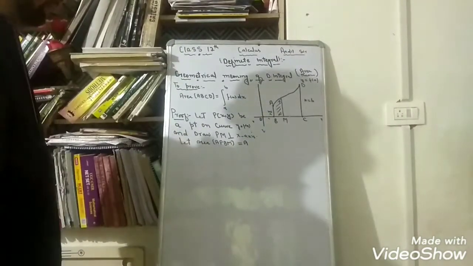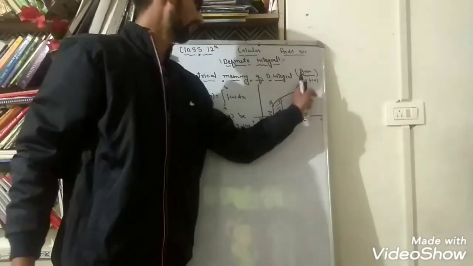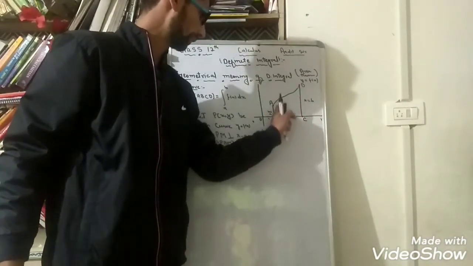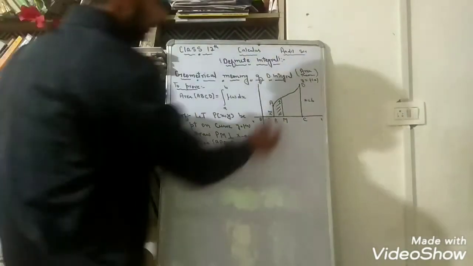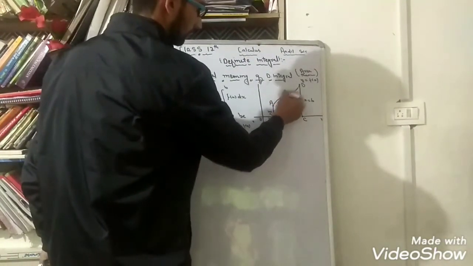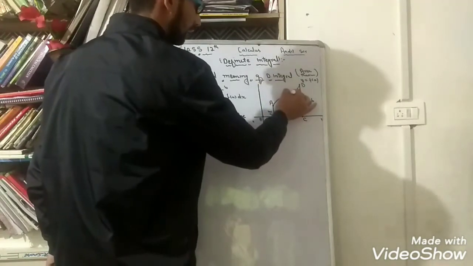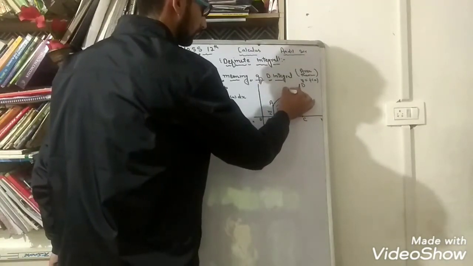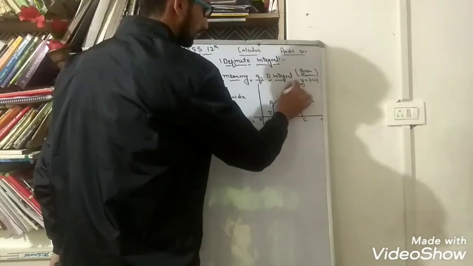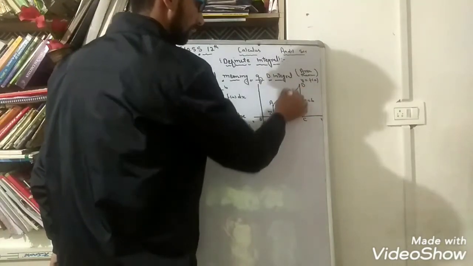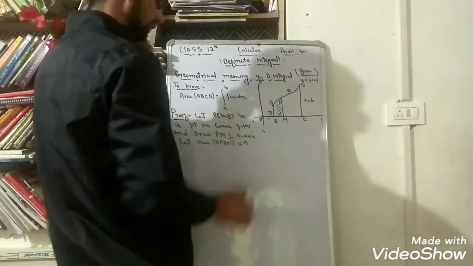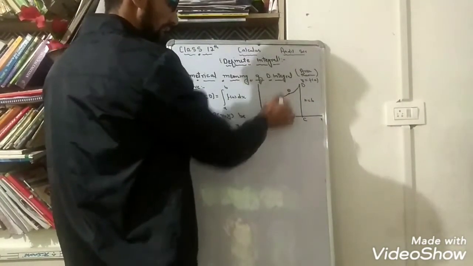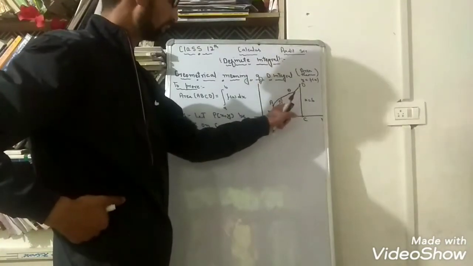So now I have to find the area from PM to DC. From this point P, first I will take another point Q on this curve. I know here my coordinates are P of x comma y.